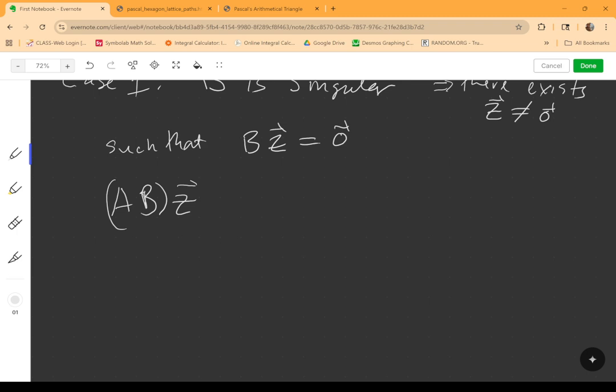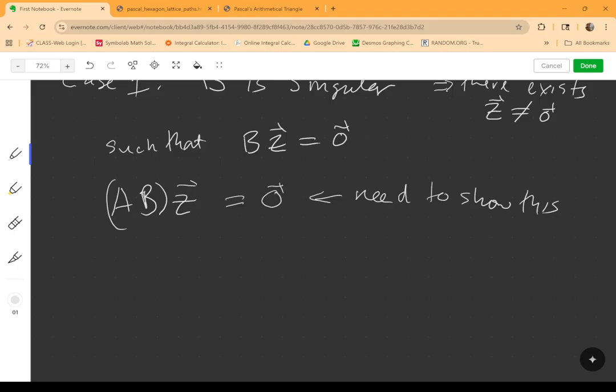So if I can show that this product leads me to the zero vector, what does that do? Z is not a zero vector, so that means I have a non-trivial solution to the homogeneous system. And again, I can interpret that as AB being a singular matrix, okay?